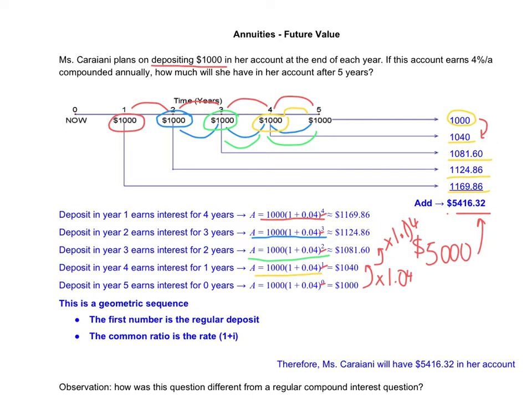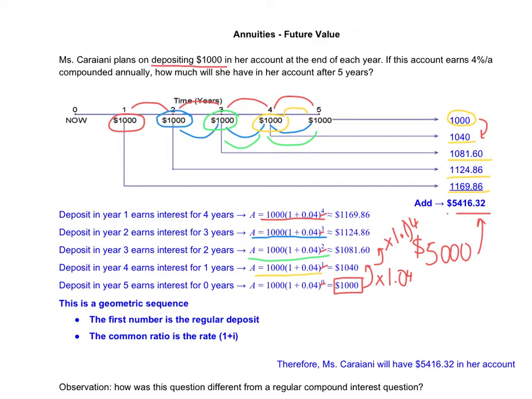So the first number in this sequence is 1,000, which is what I'm depositing each year. And then my common ratio is the amount of interest I earn for each compounding period. In this scenario, it's annually. That's why it's just 1 plus 0.04.